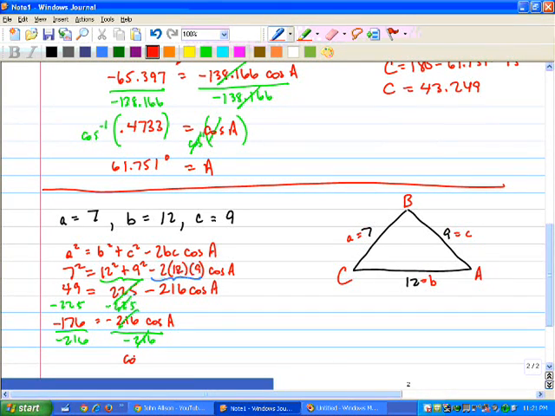Leaves us cosine A on the right. On the left, we have negative 176 divided by negative 216, which is 0.8148.